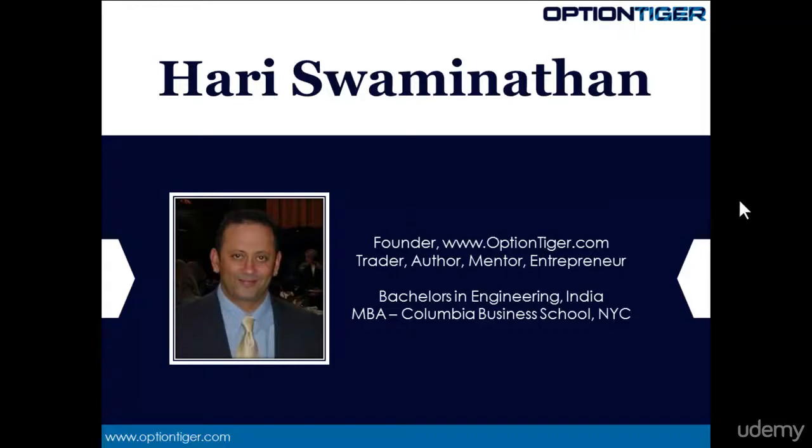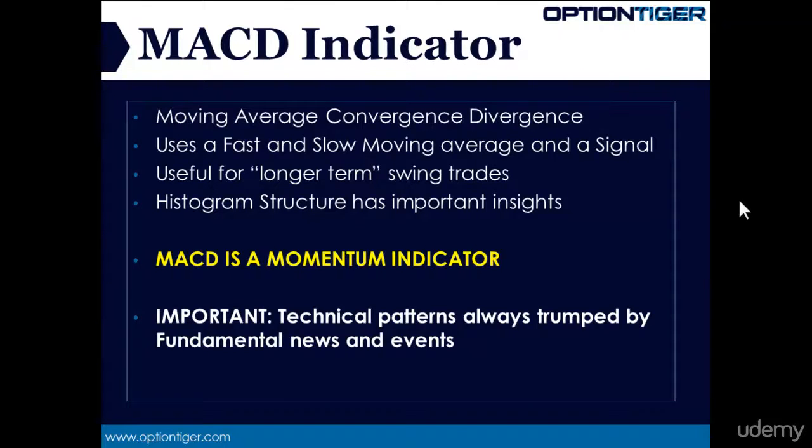In this free course, we're going to study the MACD indicator. MACD stands for Moving Average Convergence Divergence. As the name suggests, you're looking at a couple of different moving averages, and the insight you're trying to glean from it is what to look for when these moving averages either converge towards each other or diverge from each other.